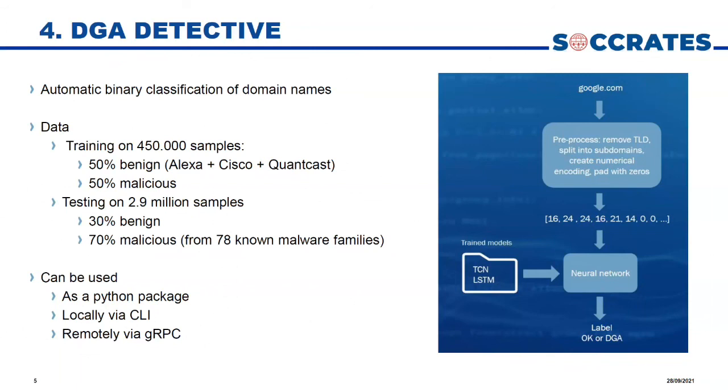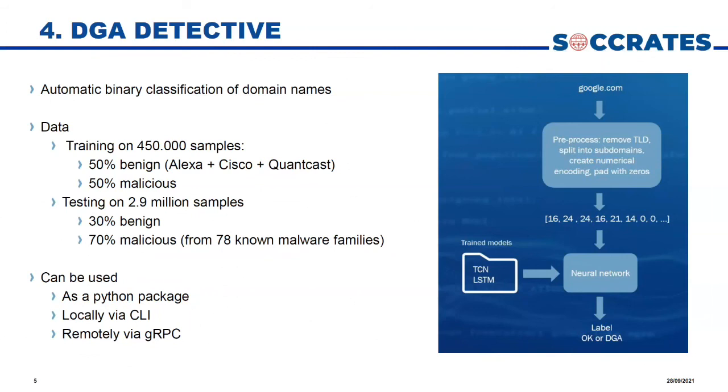Then we tested on a very large amount of data, which was about 30% benign, 70% malicious. And that 70% comes from 78 known malware families, so we had quite a lot of variety with that.